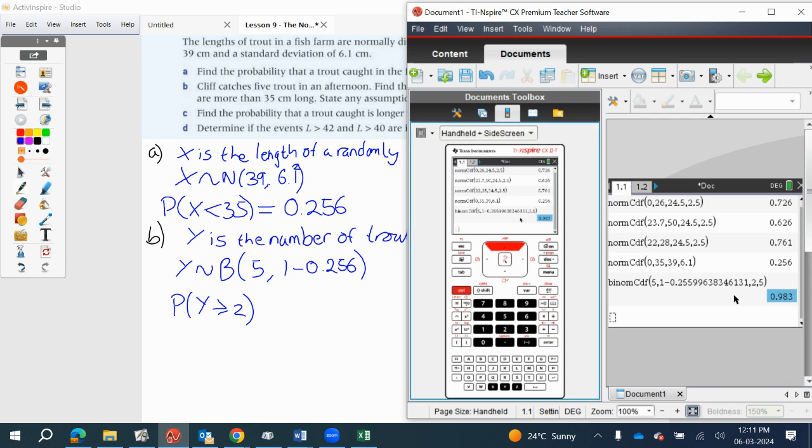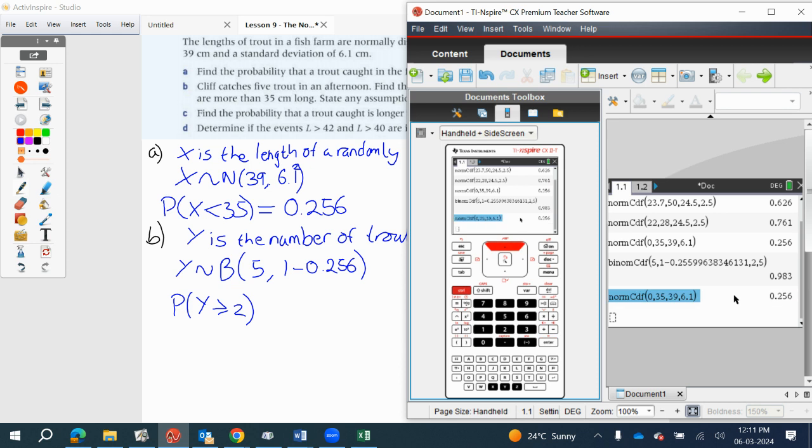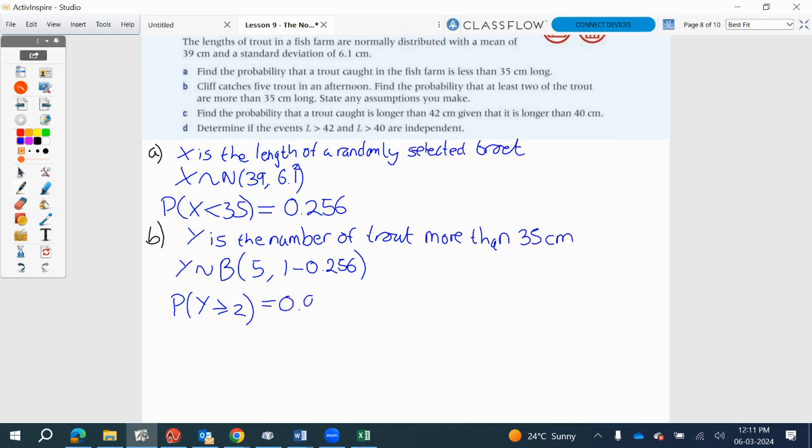If I scroll up and copy this down, I get the whole value. So the one we wanted is 0.983. So it's highly likely he'll catch at least 2 trout that are longer than 35 centimeters. Because that's below the mean, it's very, very likely.